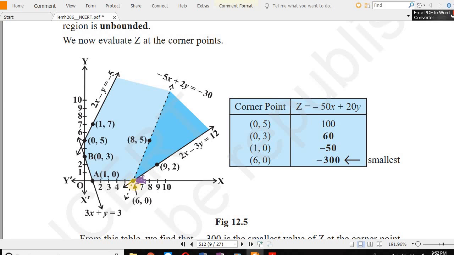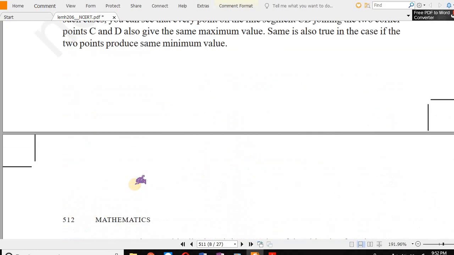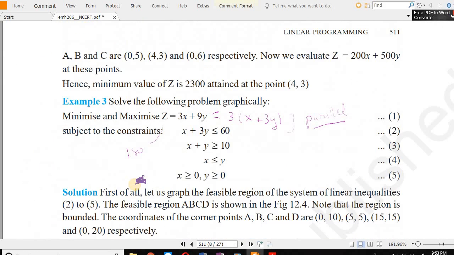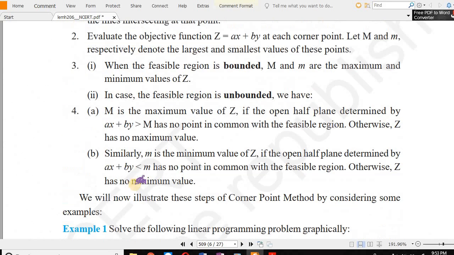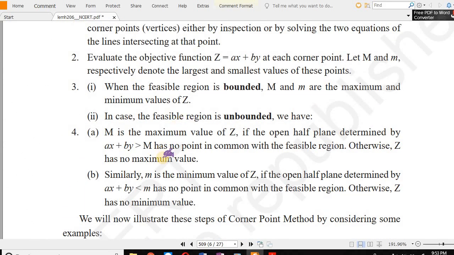Now the criterion that they gave you back here was: if the region is unbounded, then the value at the smallest corner point is going to be the minimum value only if this line, ax plus by equals m, has no point in common with the feasible region.